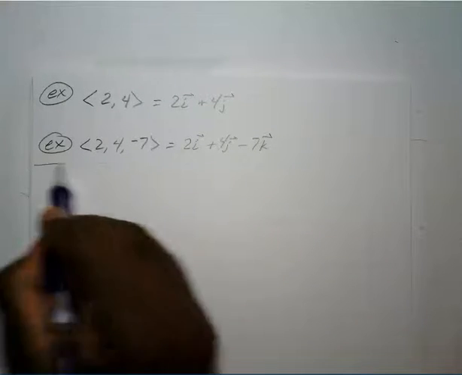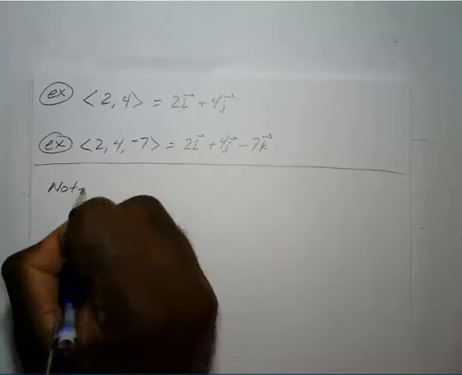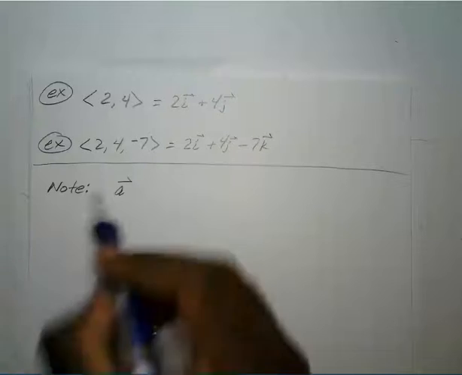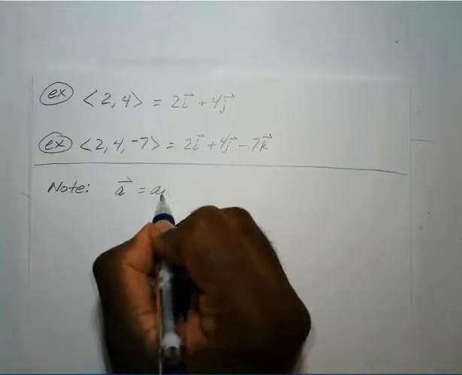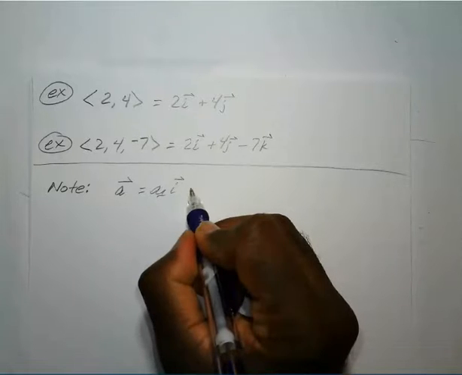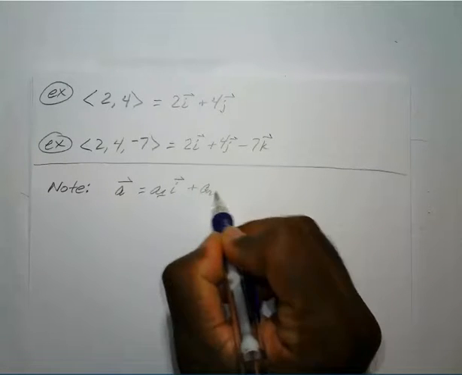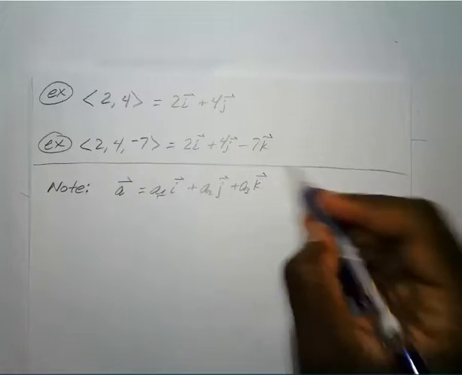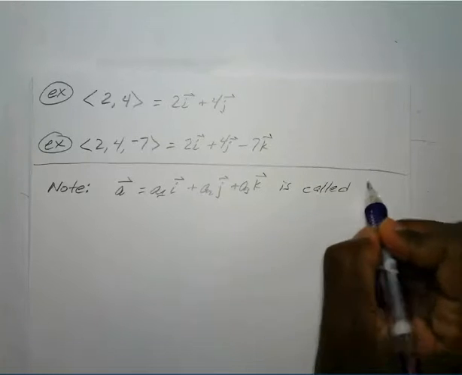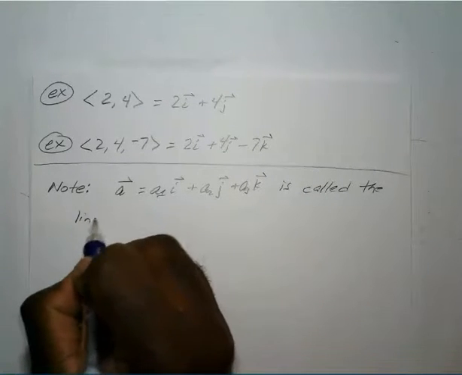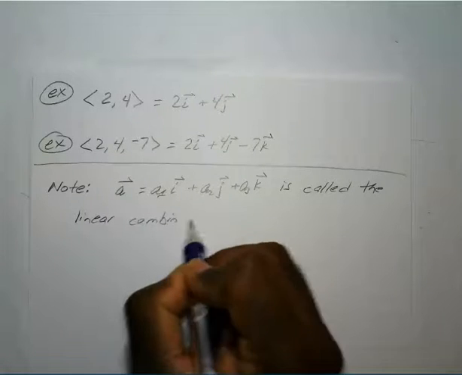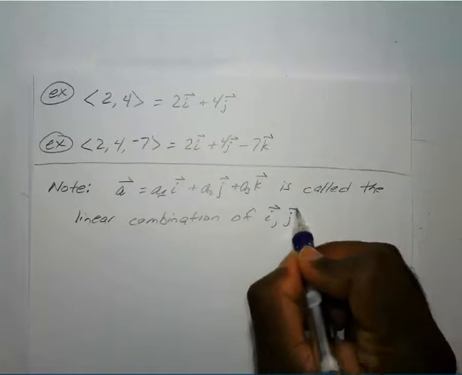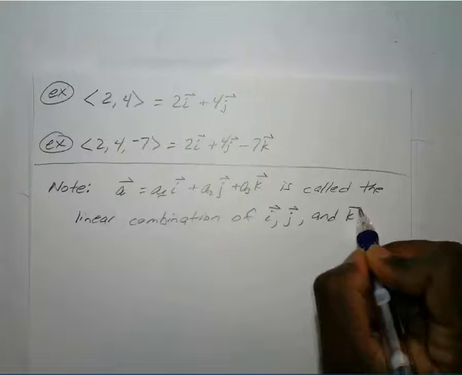Now, a quick note here. If we have some vector, we'll call it a, or b, whichever variable you want to use, that's component number 1 times the i unit vector plus component number 2 times the j unit vector plus component number 3 times the k unit vector, it is called a linear combination of the i vector, j unit vector, and k unit vector.